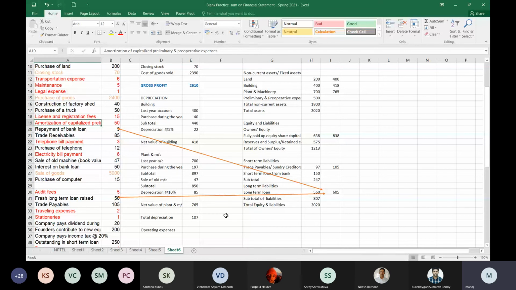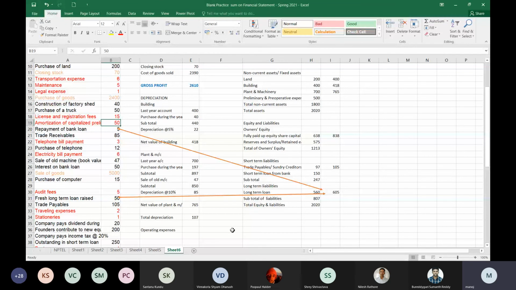Those are operating costs. But if you allow that even before you have any sales revenue, that is not the right decision. So you want to capitalize that, meaning whatever you have incurred, you have incurred 500. Out of 500, you are allowing 50 rupees to be amortized this year.